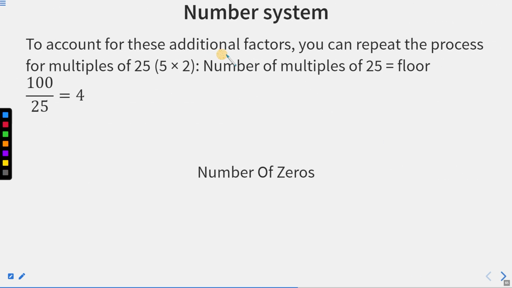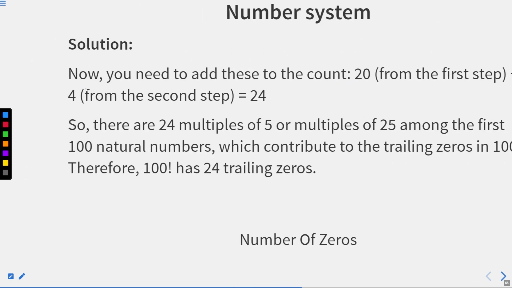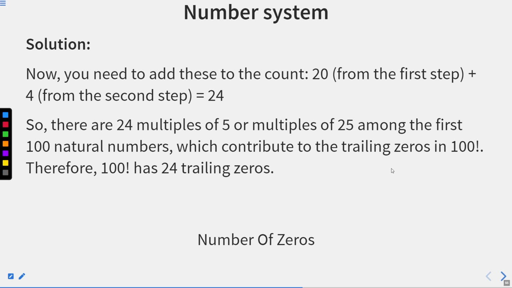To account for these additional factors, you can repeat the process for multiples of 25. The number of multiples of 25 will be floor of 100 upon 25, that is 4. So you will have 4 extra factors. Now you need to add these to the count: 20 from the first step and 4 from the second step.